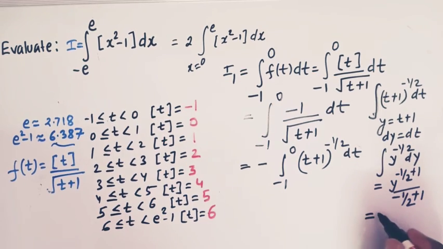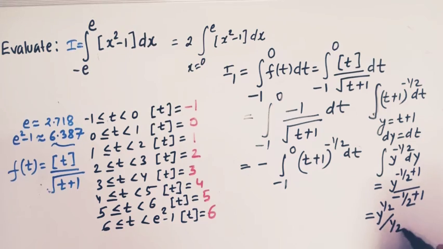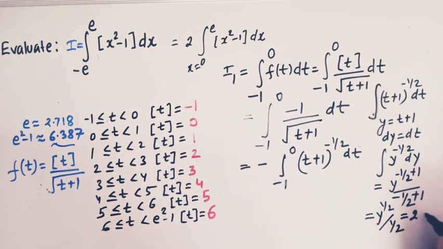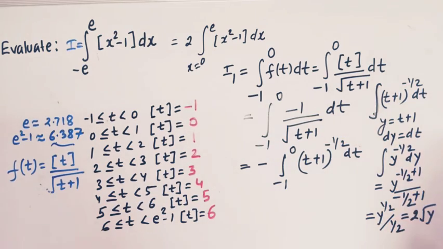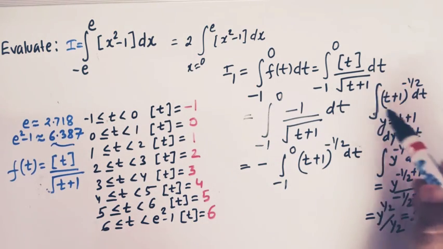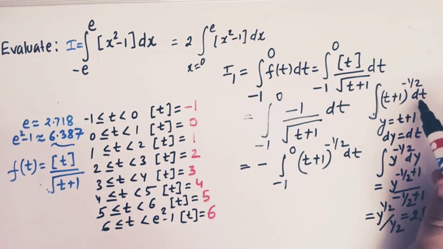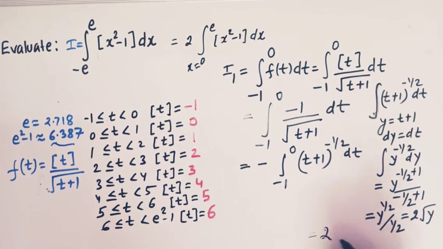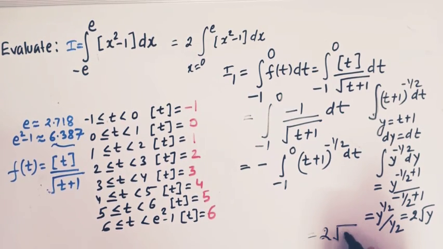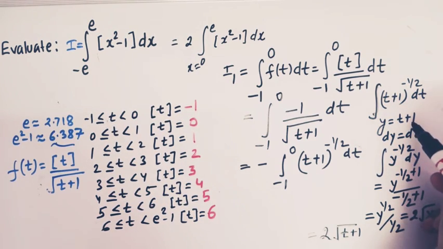So here we'll have y raised to half divided by half, that is equal to 2 times square root of y, right? So the indefinite integral of t plus 1 raised to minus half dt is equal to 2 times square root of t plus 1, again substituting the value of y as t plus 1.